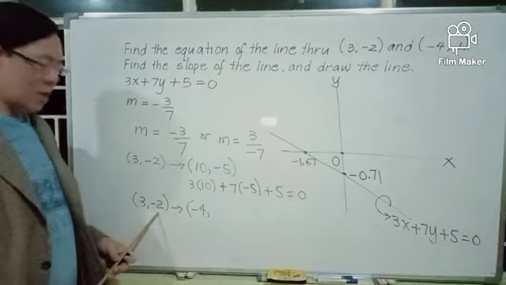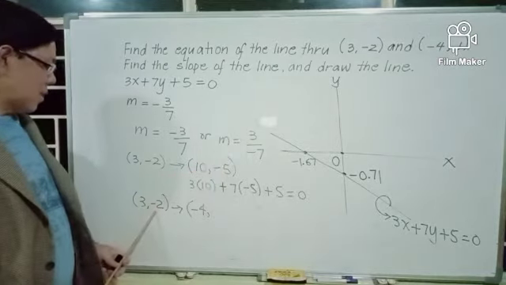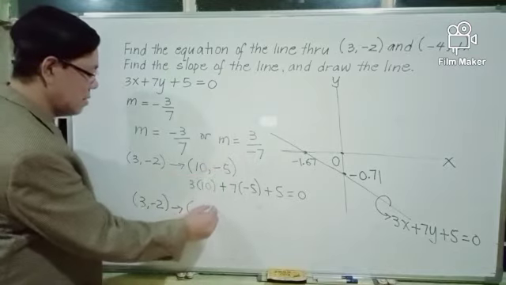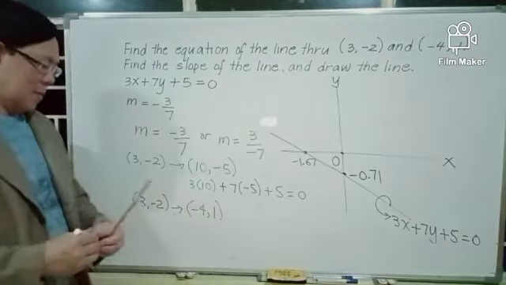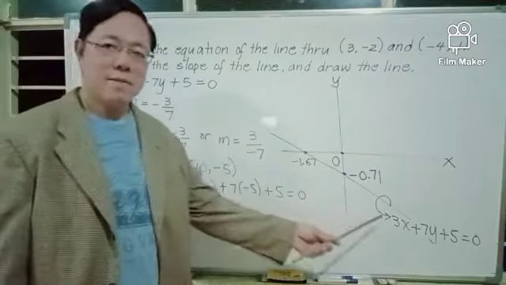Then the ordinate of the point will increase by 3 units. We have negative 2 plus 3 is 1.